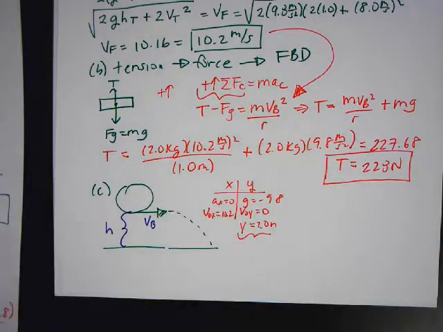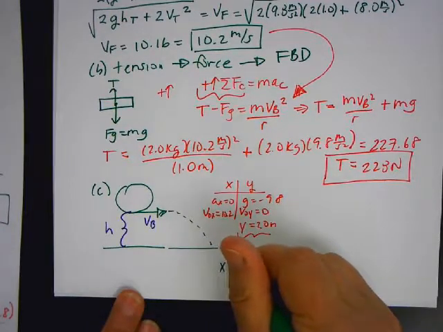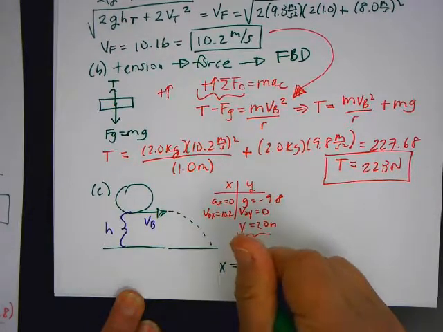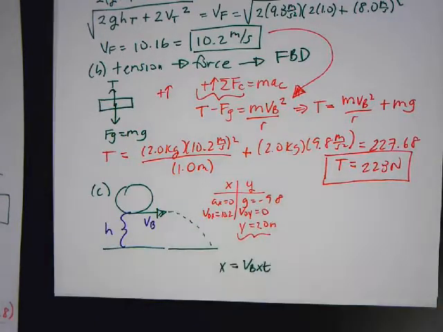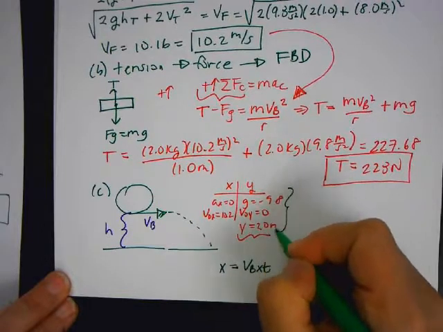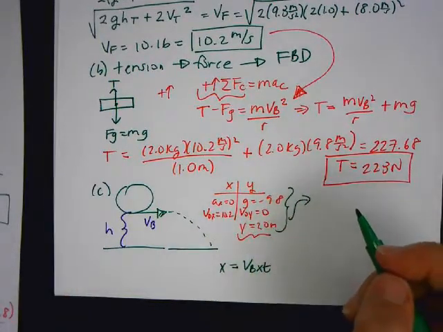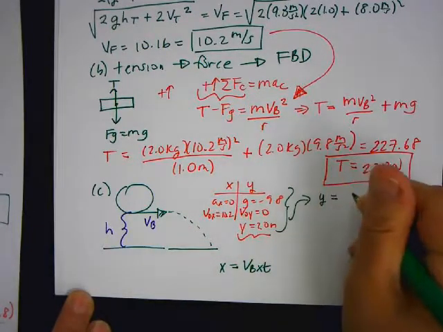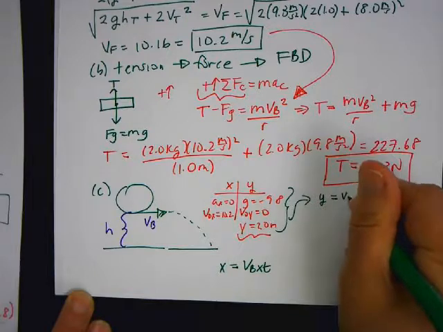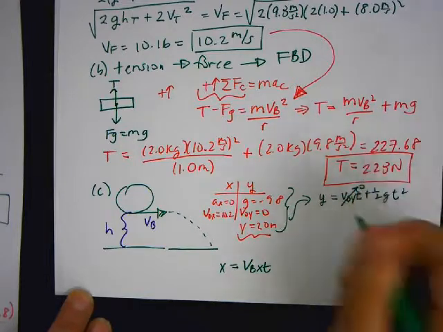So when I want to find x, I know x is equal to, this is actually vBx times t, but we don't know t. So in order to find t, I use these three things, and I know that y is equal to vBy t plus 1/2 g t squared, but there's no y component, so that's 0.